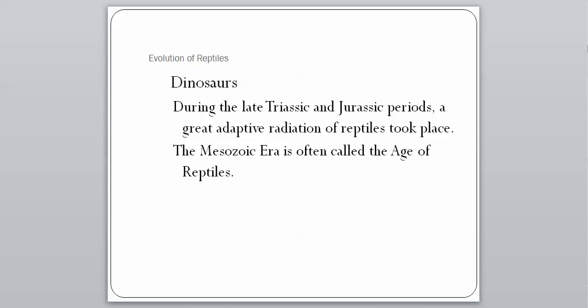Adaptive radiation just means that the reptiles really spread out at this point in time. They dominated, they took over. There was a lot of land for the taking. There weren't a lot of organisms really using the land whatsoever, so there was a lot of space for them to adapt and basically take over the earth at this time.